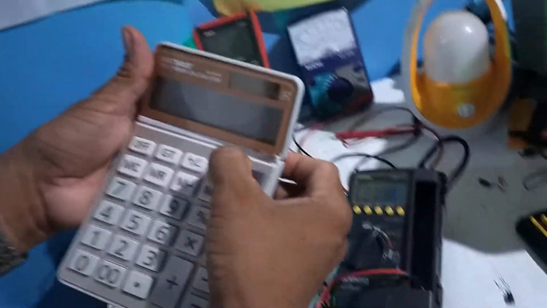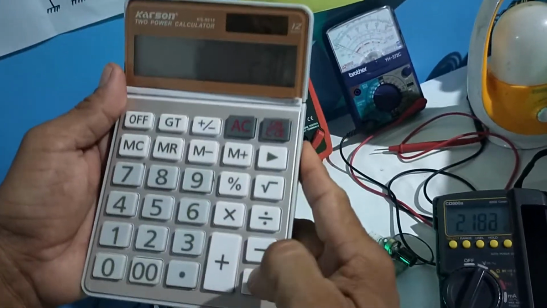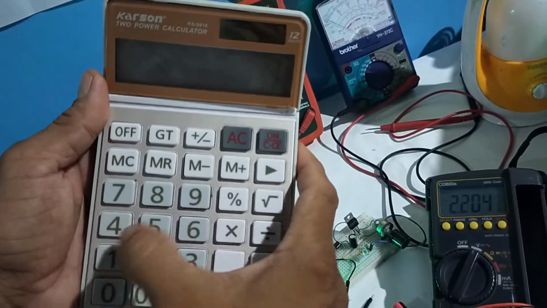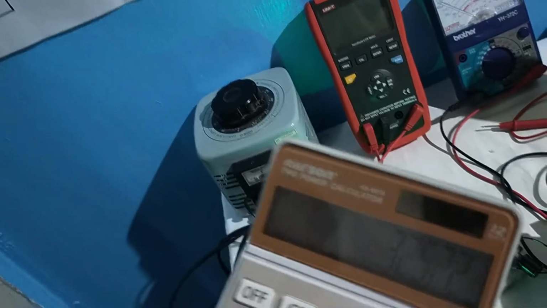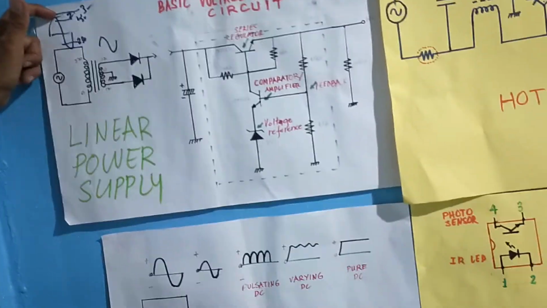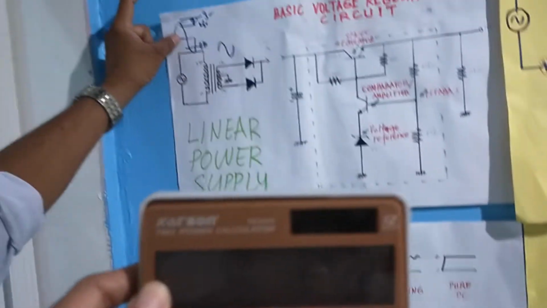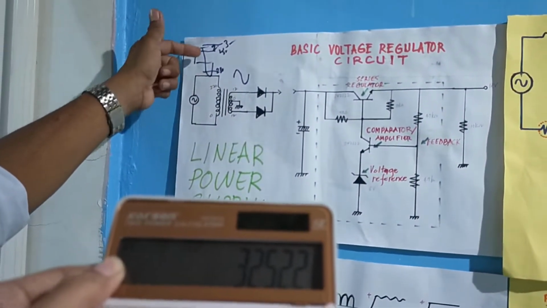Okay. Let us say 230 volts times 1.414 is equal to 325 volts. Actually it is the peak value. 325 volts. From 0 level here to the peak of this amplitude is 325.